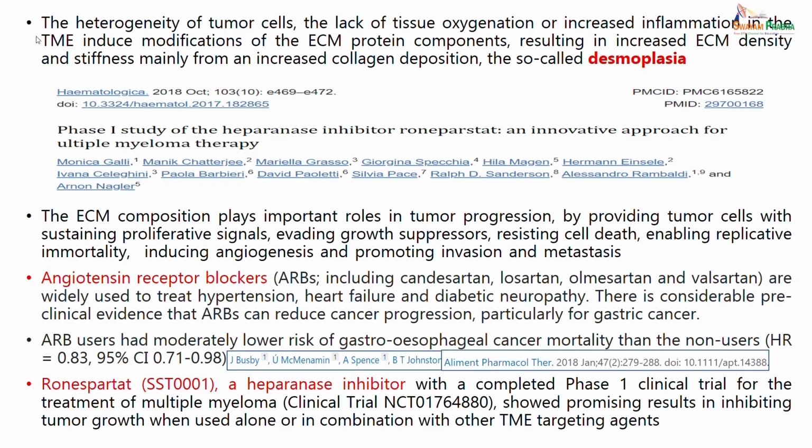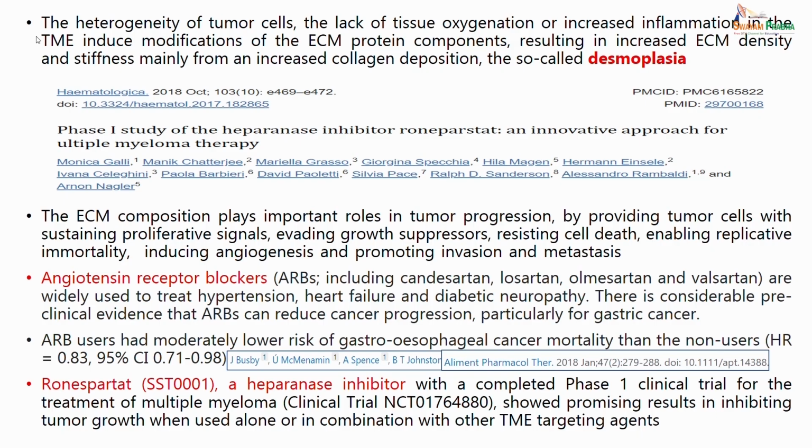So there are ARBs like candesartan, losartan, olmesartan, valsartan. These are some of the ARBs which are useful to treat hypertension, but they have shown some effect in the reduction of progression for several cancers, and studies have been positive especially for gastric cancer.